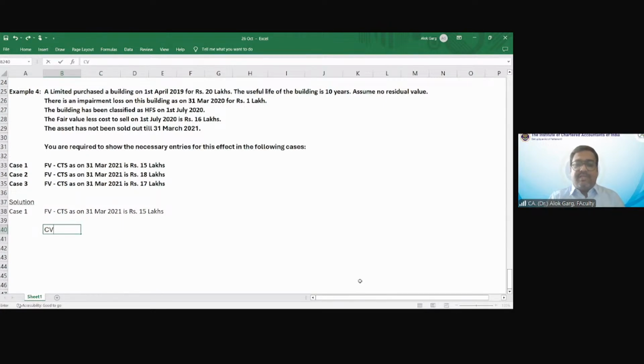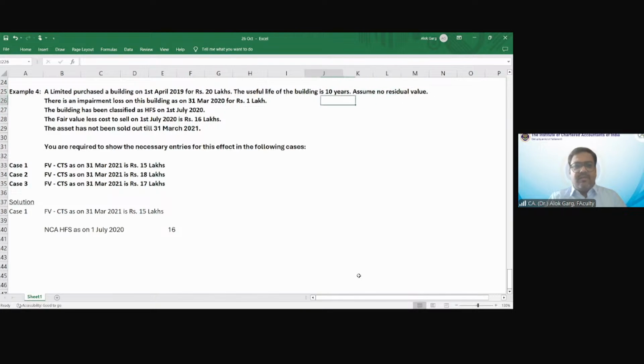What was the initial measurement of NCA HFS as on 1st July 2020? In example 2, the value was 16 lakh. Look at the example: A Limited purchased a building for 20 lakhs.